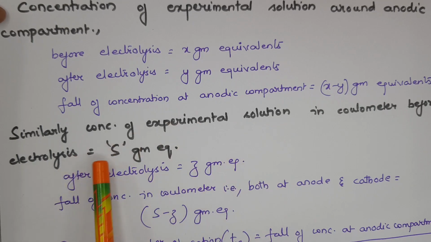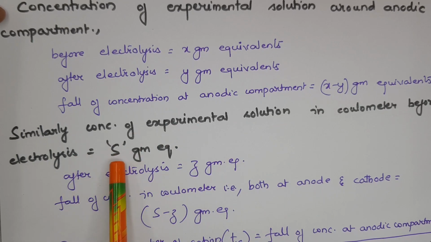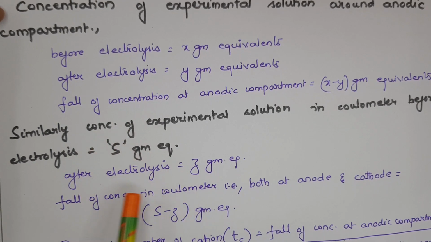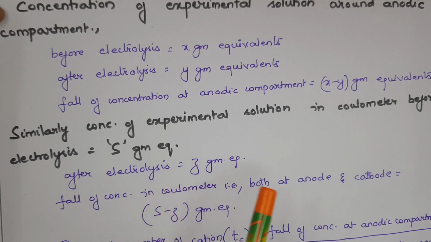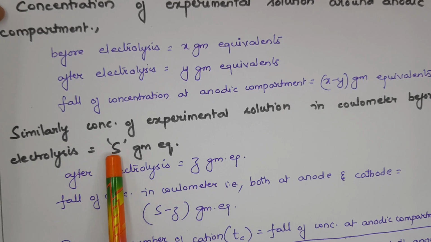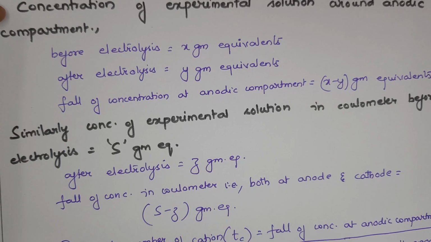Before electrolysis, let us say S gram equivalents. After electrolysis, Z gram equivalents. Fall in concentration in the coulometer means it is giving the fall in concentration at both anode and cathode. That is the purpose of the coulometer, students. So how much will it be? S minus Z gram equivalents.